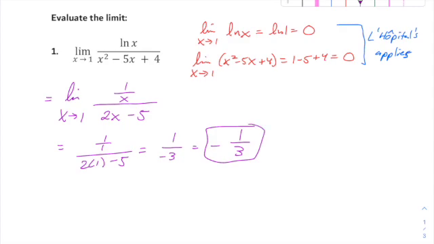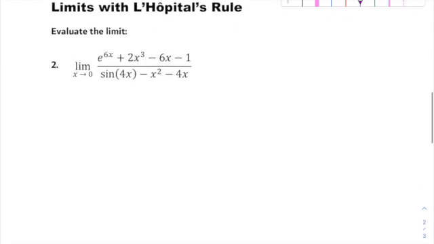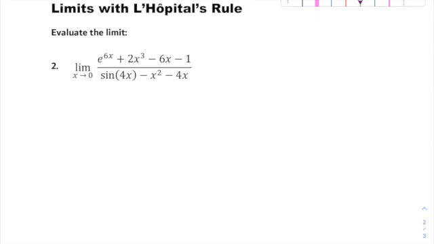All right, so let's try one more here. Notice this one may look a little more complicated, but it's all essentially the same thing. Imagine you were approaching this in the middle of a whole big test, and you hadn't done L'Hopital's rule in a while. First thought would be to try to plug it in, and maybe you take a good look that this is going to be e to the 0, which is 1, plus 0 minus 0 minus 1.